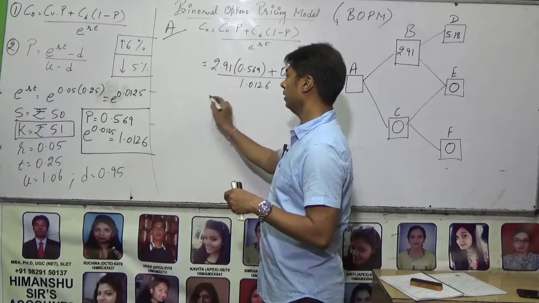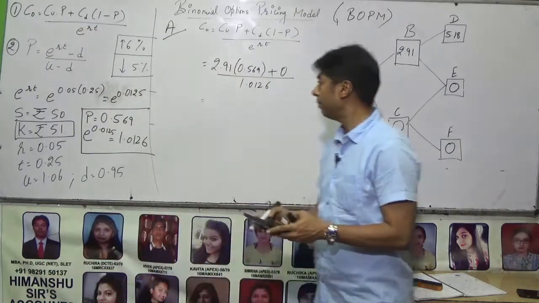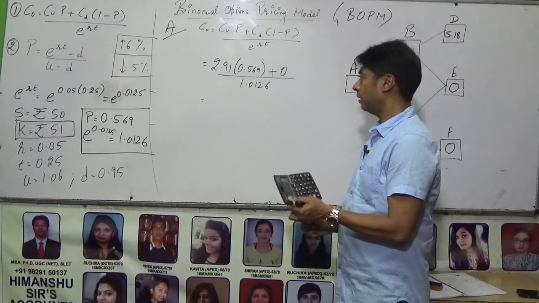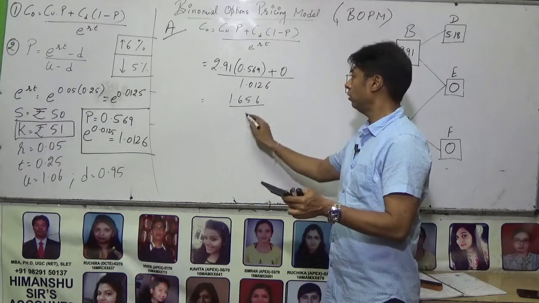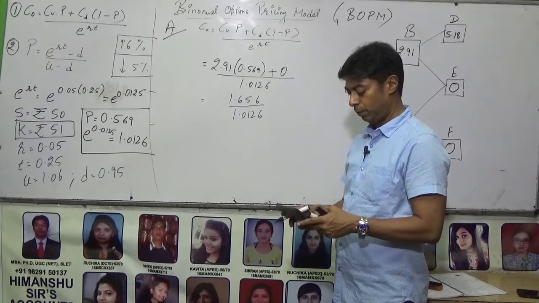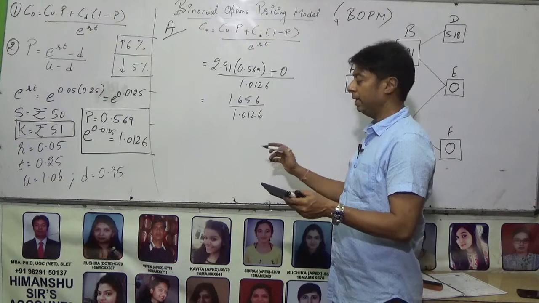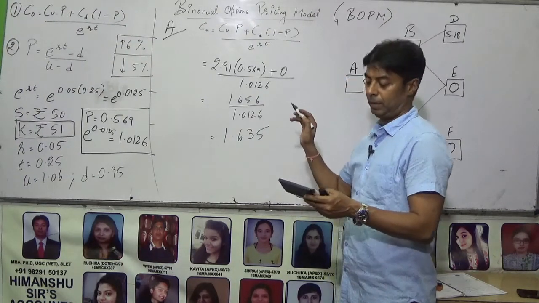So how to solve it? 2.91 multiplied by 0.569. That's coming as 1.656 upon 1.0126. Once we divide it, we will get the value as 1.6356.